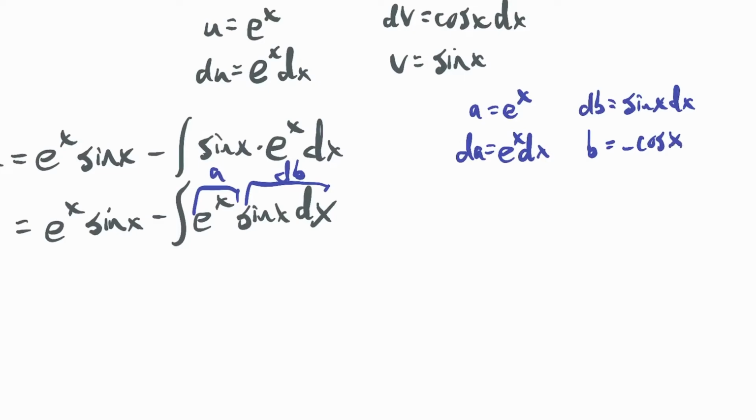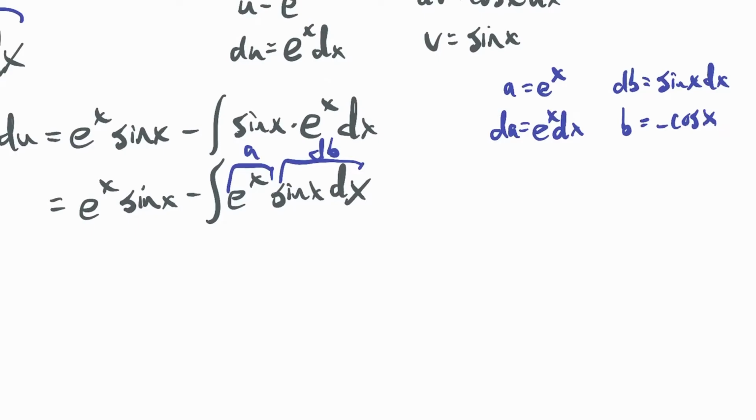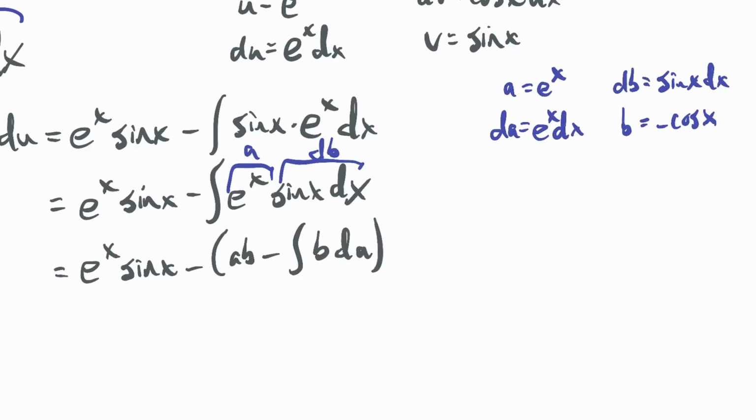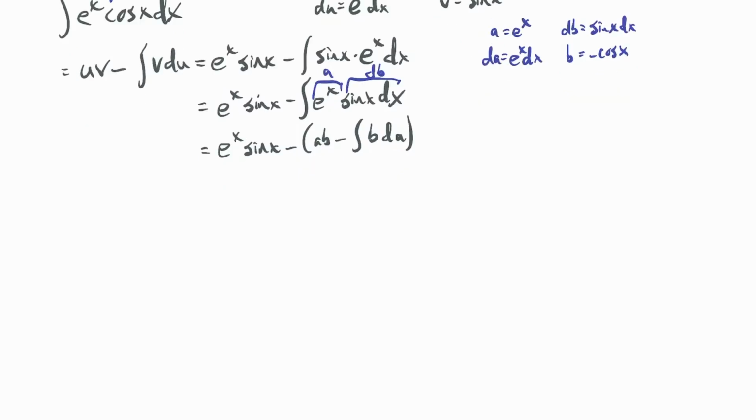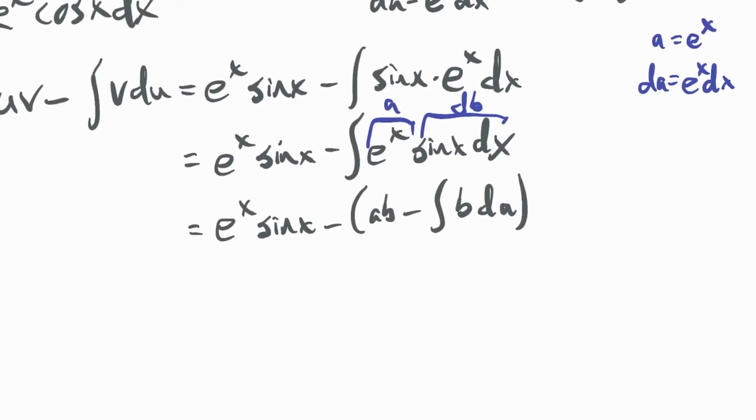Okay, so over here, that means I have e to the x sine x minus parentheses ab minus the integral of b dA. Okay, which, do I have a lot of vertical space? Yeah, I think we're good.